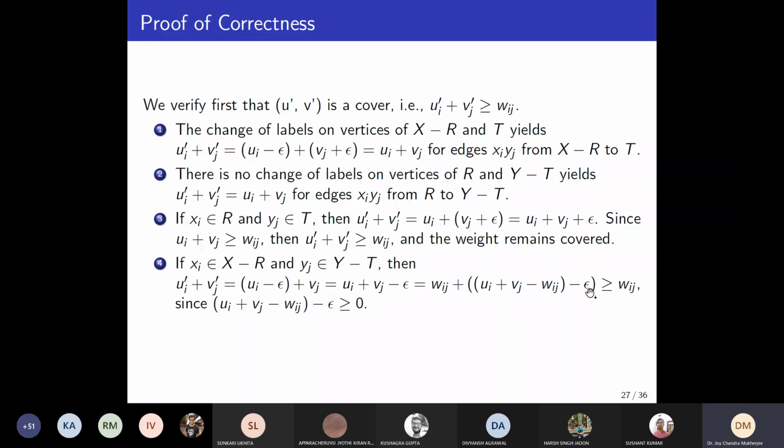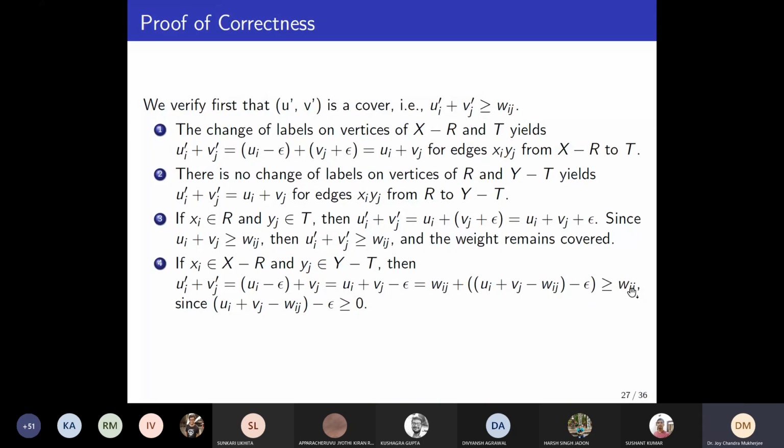So ui plus vj minus wij minus epsilon can have a minimum value of 0, and it can be more than 0 also. So that is why this is greater than or equal to 0, because we choose epsilon in such a way. It is the minimum value of the uncovered element. So this whole thing is greater than or equal to 0, so ui prime plus vj prime is basically wij plus something which is greater than or equal to 0. So that is greater than or equal to wij.